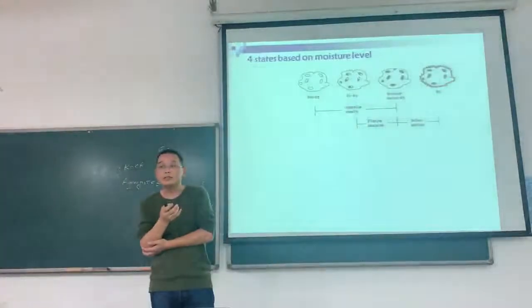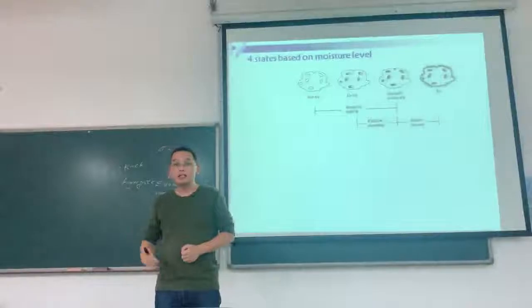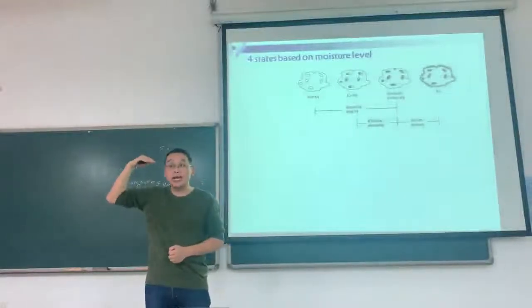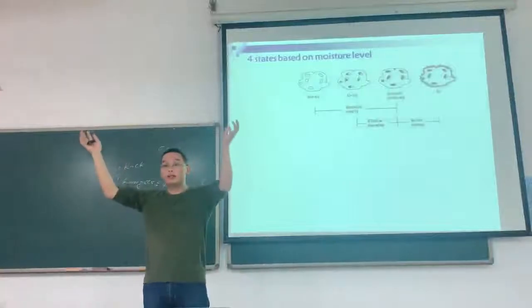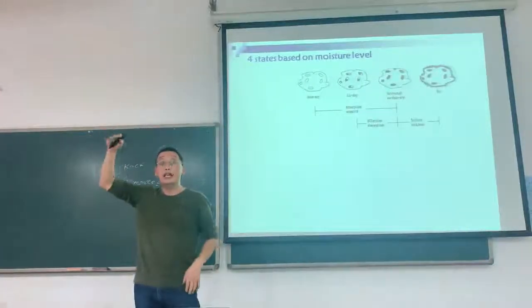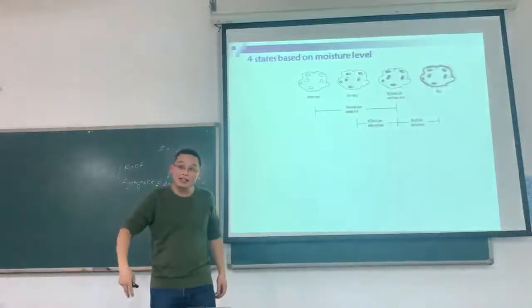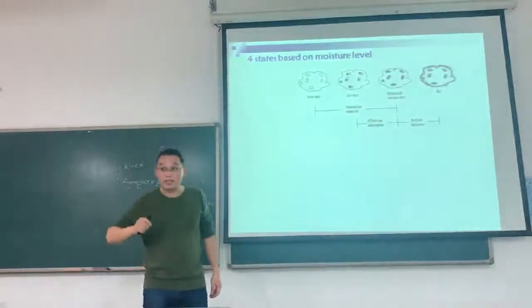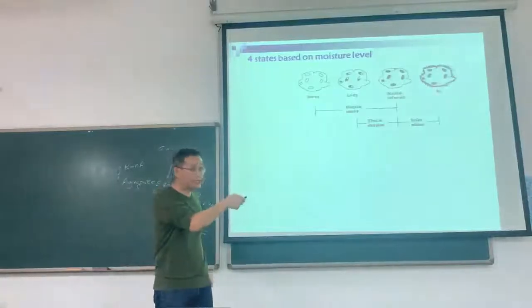For the aggregate, we need to put the aggregate outside. We can get a shelter. No. It's open. It's open, and then it rains. After the rain, maybe several days, not 1 hour, 2 hours, we cannot get this state.